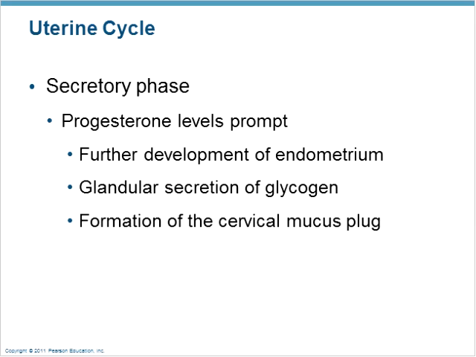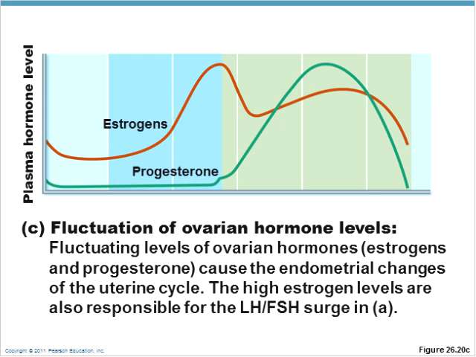The secretory phase is where the progesterone levels prompt the further development of endometrium. Glandular secretion of glycogen, preparing the endometrium for potential implantation of a fertilized egg and formation of a cervical mucus plug.